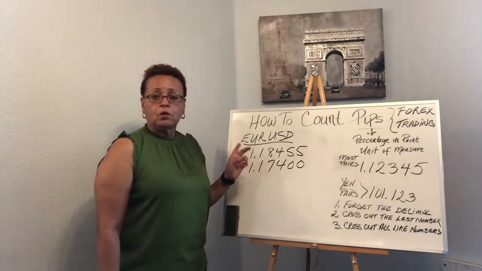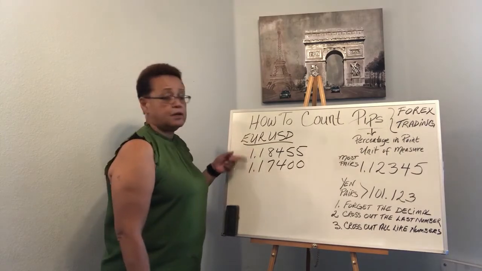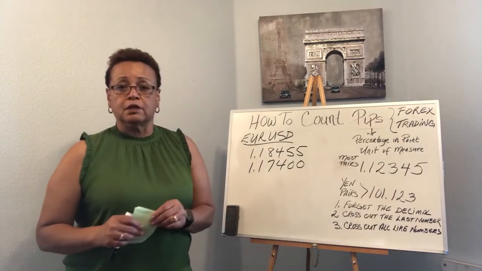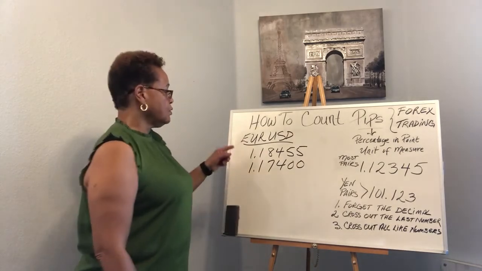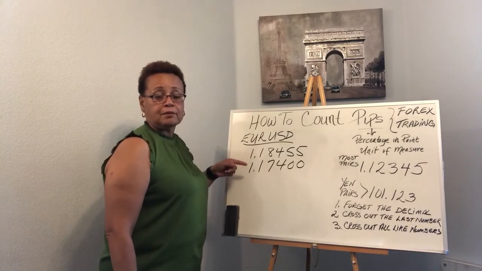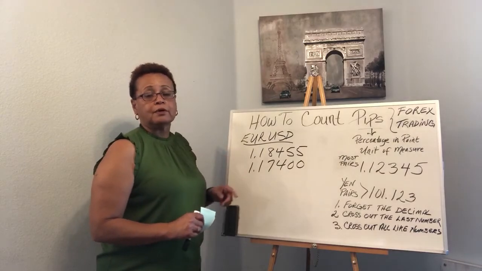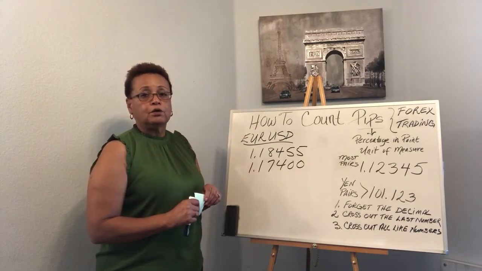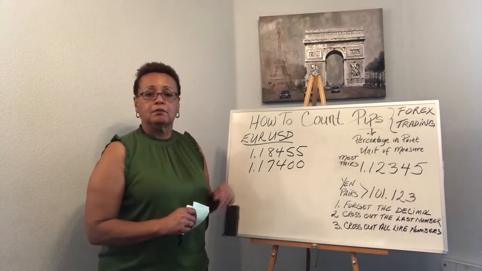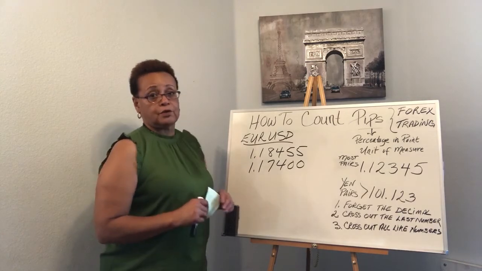For those of you who want to trade and don't know what these numbers are, basically when you're in a Forex trade, you have an entry number and a stop loss number. That's very important when you're in a trade, because you need to know how many pips are involved in your trade before you take the trade.